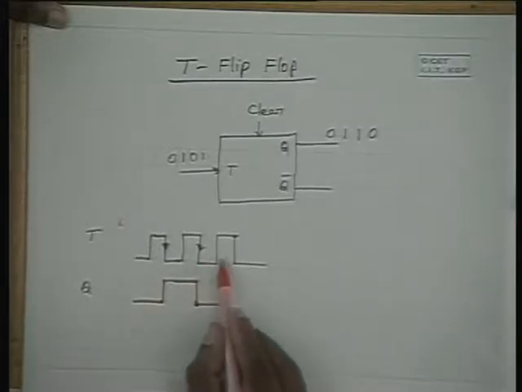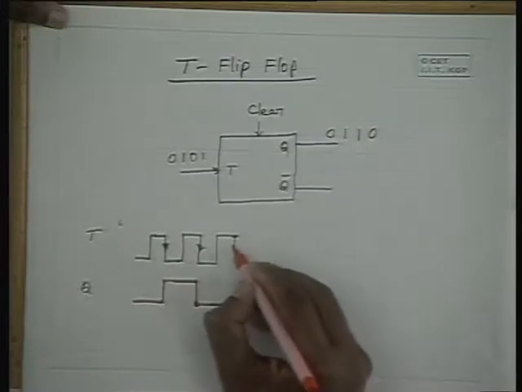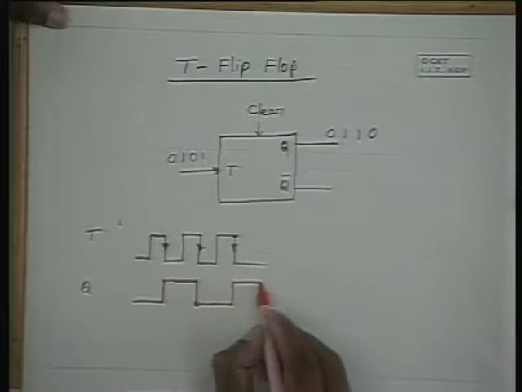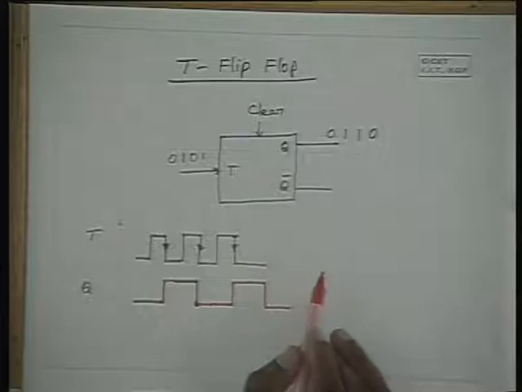During these 2 pulse inputs, it remains at 0 level itself, and only during the next negative transition it becomes a 1. So this is how the toggling flip-flop works.